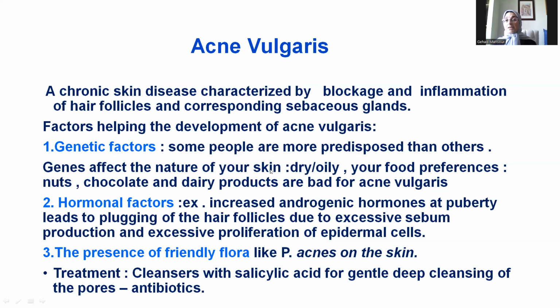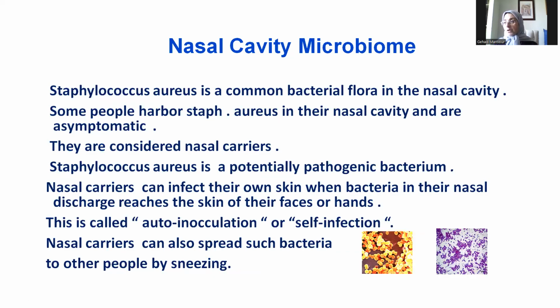You would say, if my skin is oily, I would have a higher incidence. How do genes affect this? Genes affect the nature of your skin and your food preferences. I might ask you, what kind of food increases the incidence of acne vulgaris? You might talk about nuts, chocolate, and dairy products.